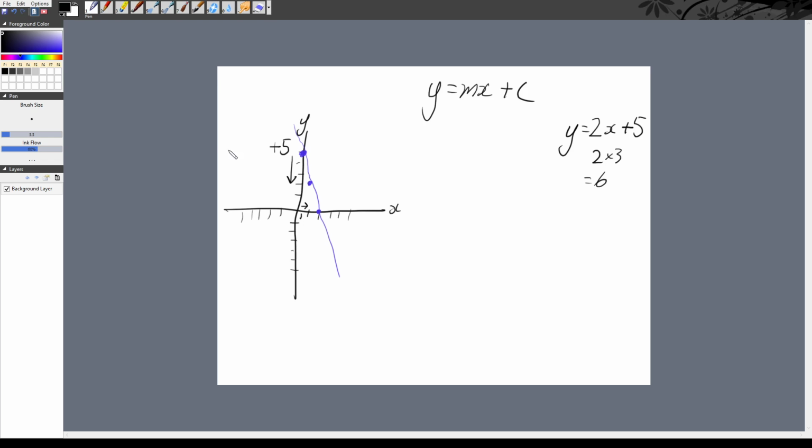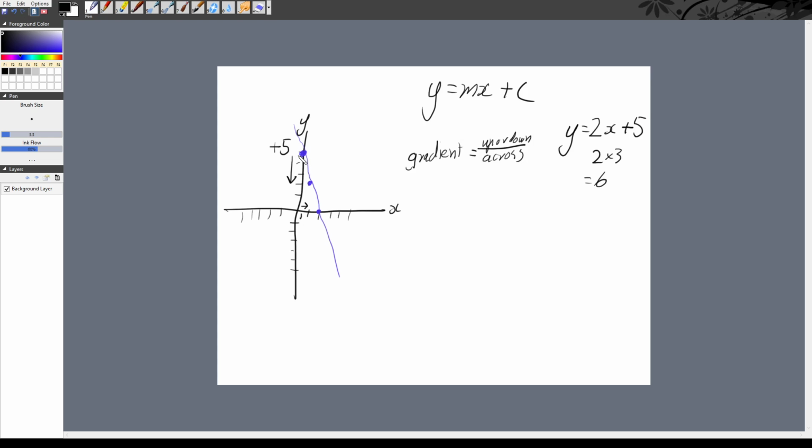Now, this rate of change is also known as the gradient, so let's write gradient. When represented on a graph, it is how much we go up or down divided by how much we go across.